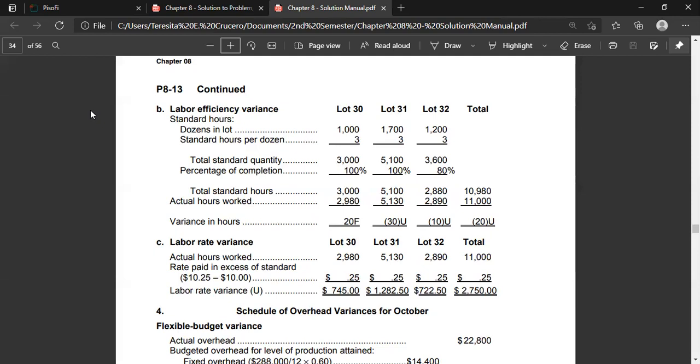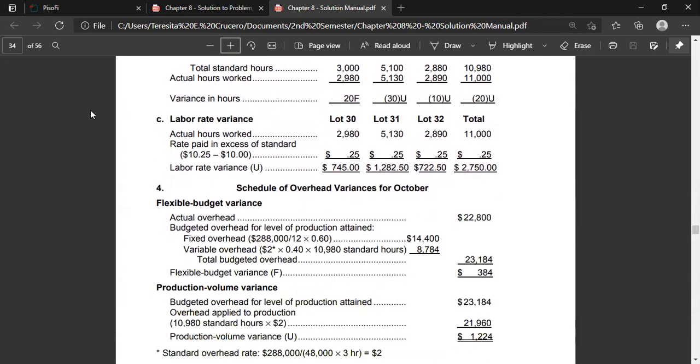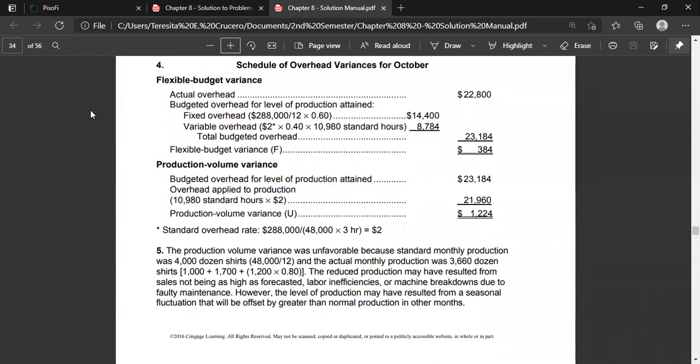Then for number 4, we have the schedule of overhead variances, the flexible budget variance, the actual overhead, 22,800, budget allowed for the level of production attained. So the fixed overhead is given at 288,000.